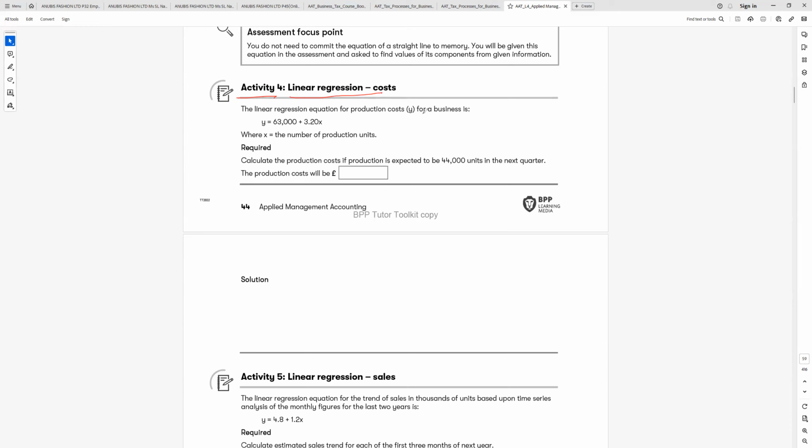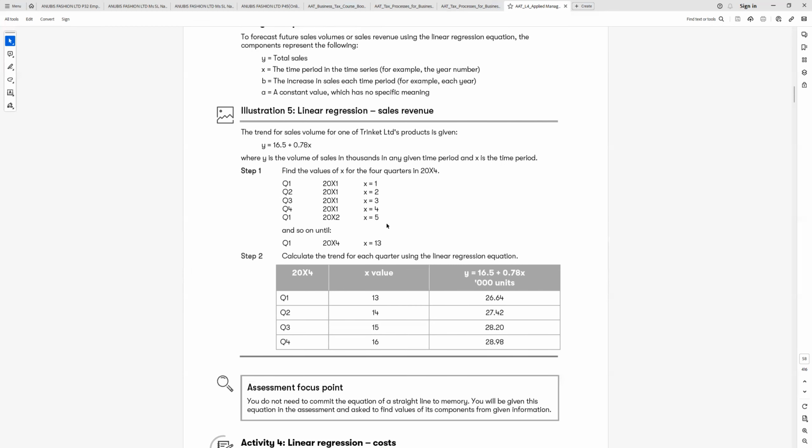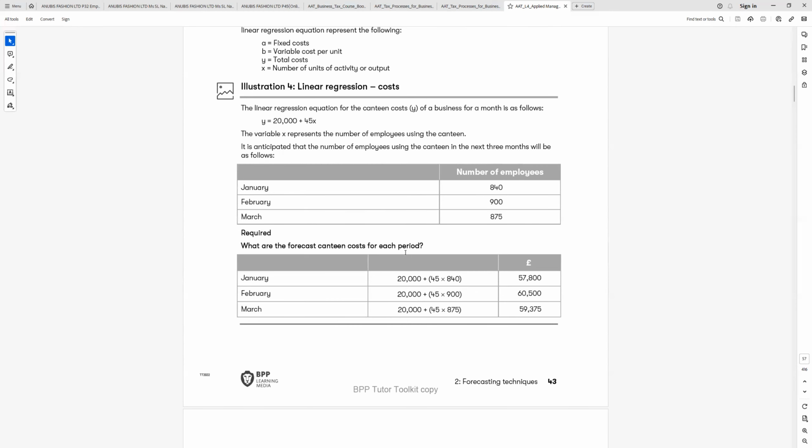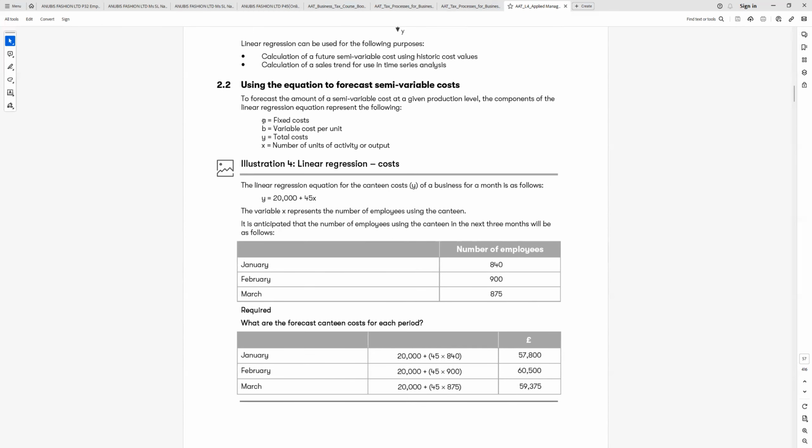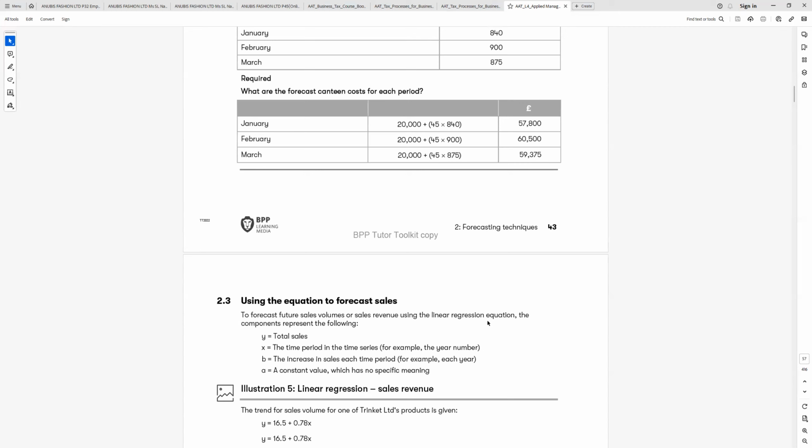So y is the total cost, as I told you, and if you forget the formula, you can quickly have a look. a is the fixed cost, b is the variable cost per unit. So it's a plus bx. So a will be the fixed cost, b is the variable cost per unit, y is the total cost, x is the number of activity or output.